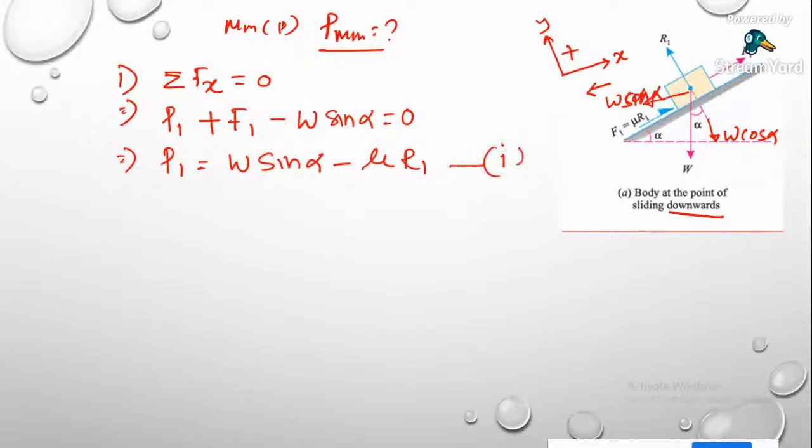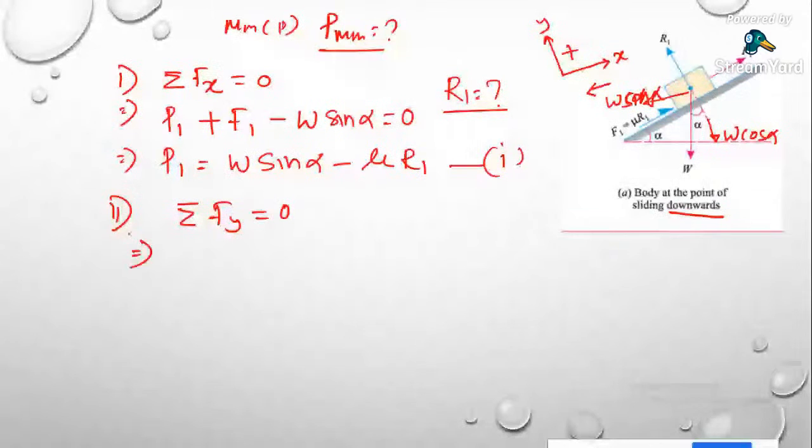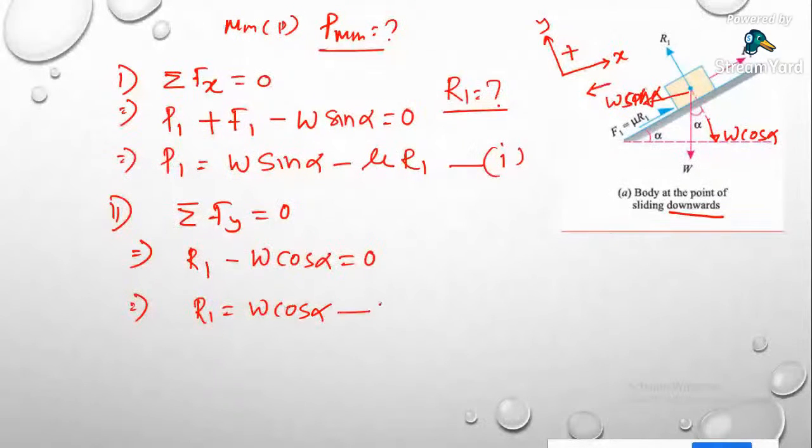R1 we need to find out. So that we will get from the next equation. So net force in y direction will be equal to 0. So what are the forces in y direction? That is R1 minus W cos alpha equal to 0. So this R1 will be equal to W cos alpha. So this is equation 2.